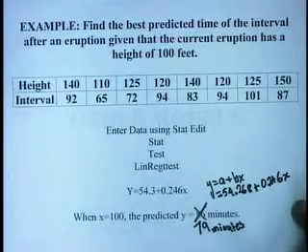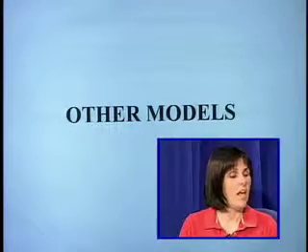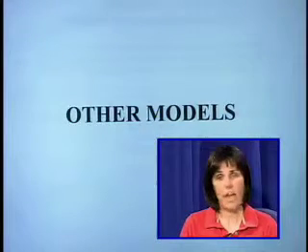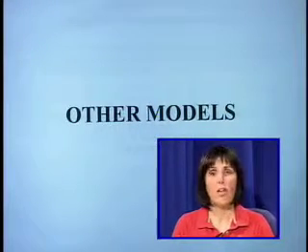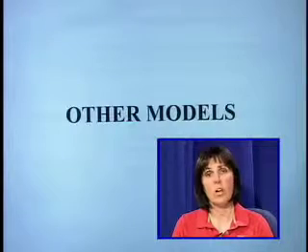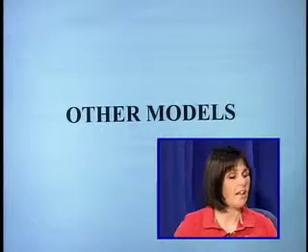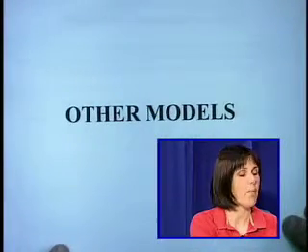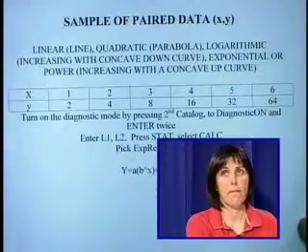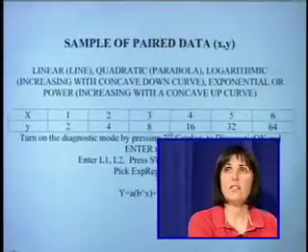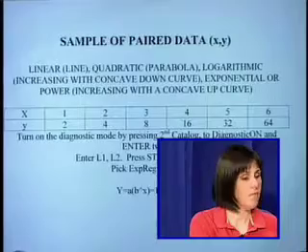Now let's go to the next example. What happens when you have a situation where you cannot pass a line and you have to pass another type of fit, and you have a couple of options, and those are all built into your calculator. So I would like to give you an example of that. Now let's assume I have a situation.